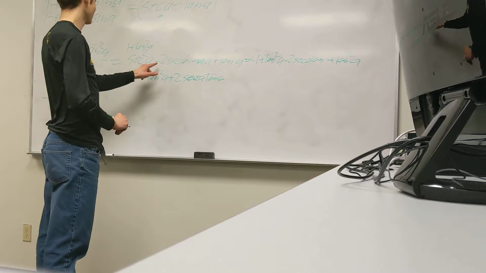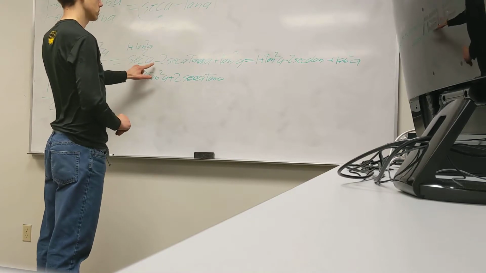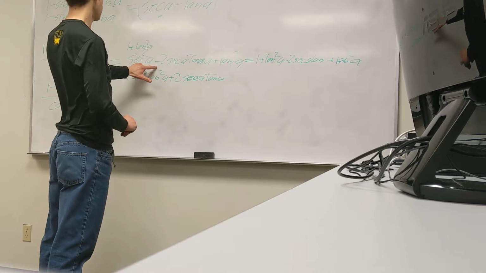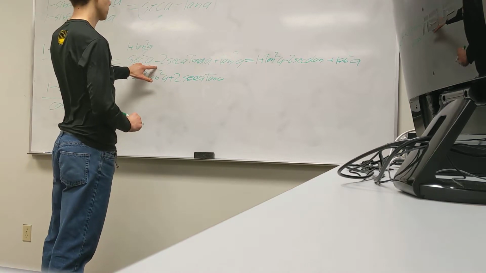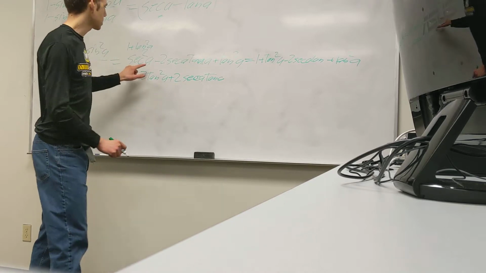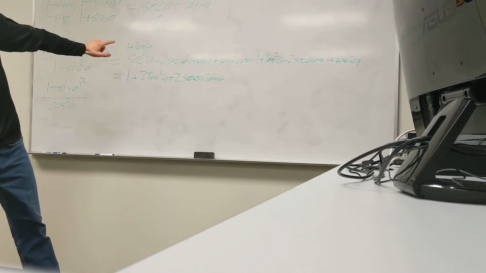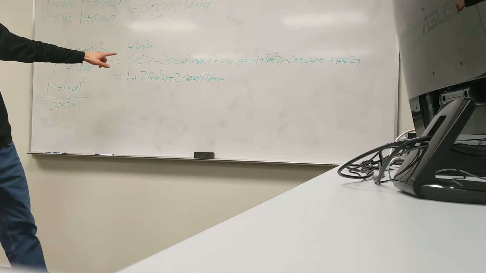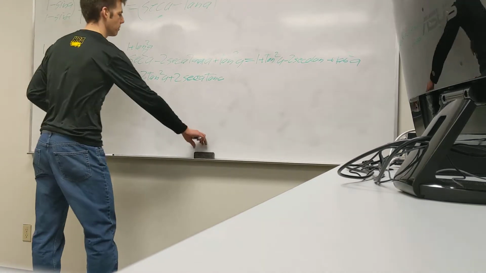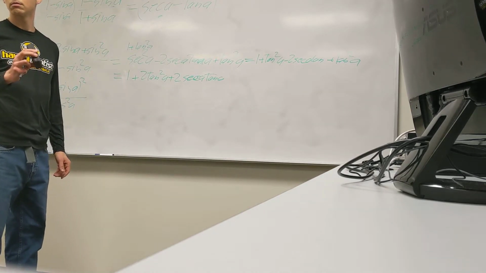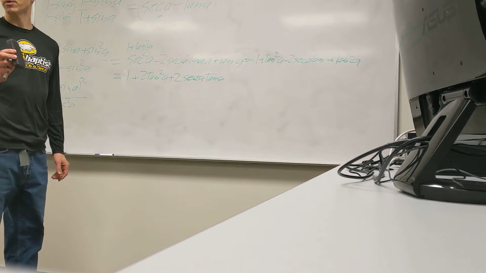So maybe if I left this instead of what I do, I turn secant A into tangent A. So what if I turn tangent into secant instead, right? Tangent squared A is secant squared minus 1. So this is what I mean by playing with it, right? You just kind of play with it for a little bit.